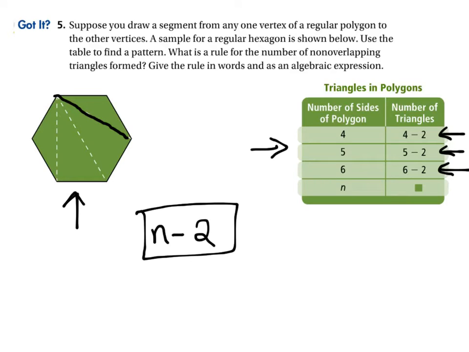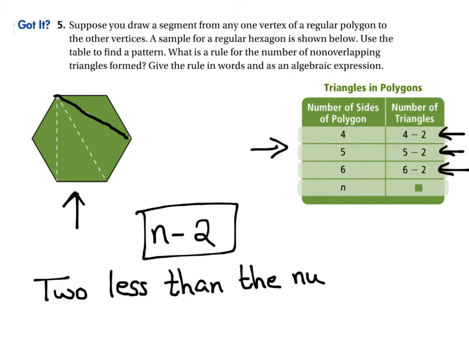How will you state it in words? It is 2 less than the number of sides of the polygon, right?